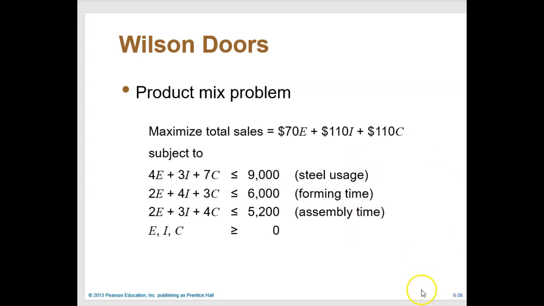If you solve this specific model that we've created here, to maximize our total sales subject to these four constraints, the optimal solution that comes out for this particular LP problem tells us that we should be producing 1,400 exterior doors, 800 interior doors, and 0 commercial doors for a total sales of $186,000.